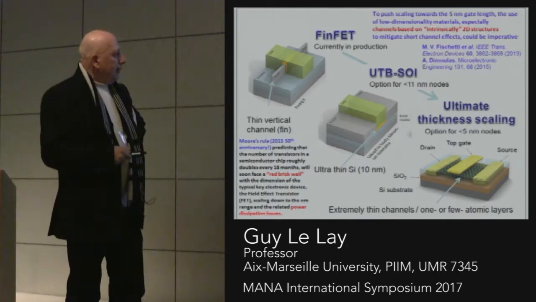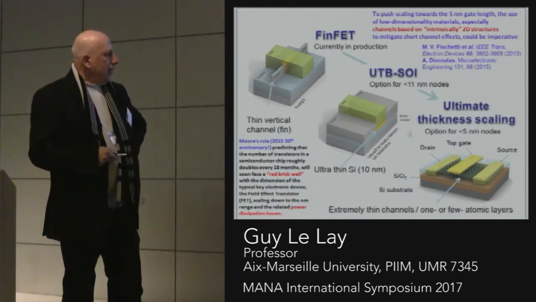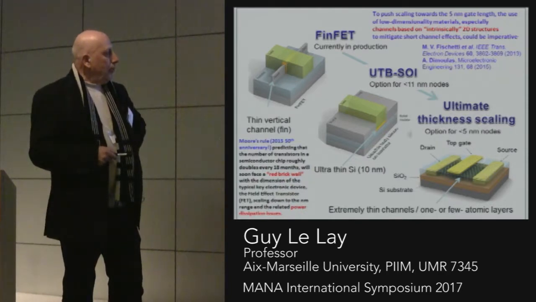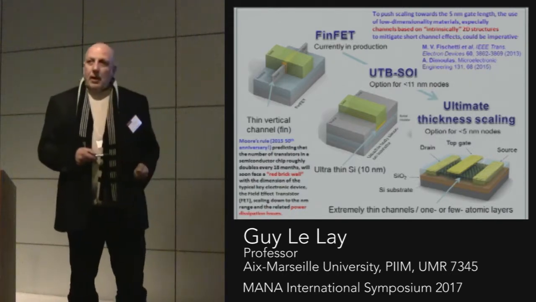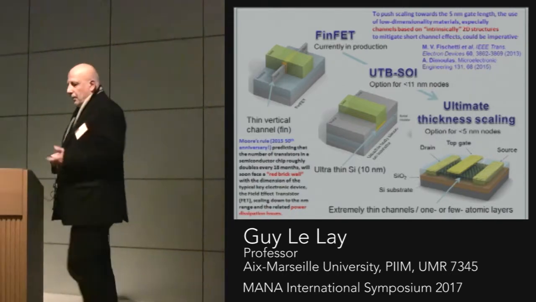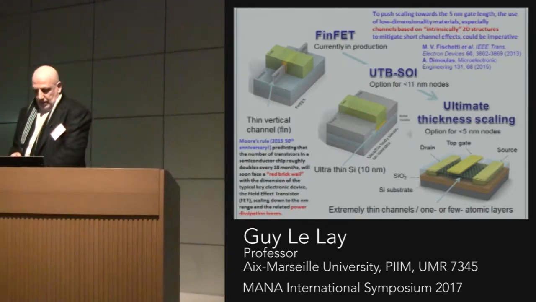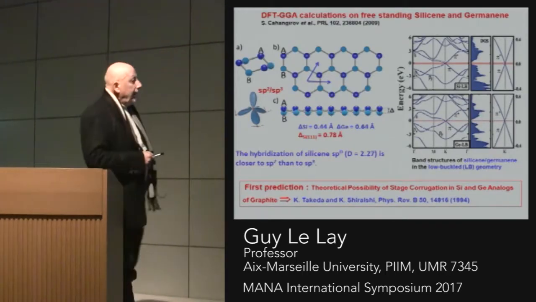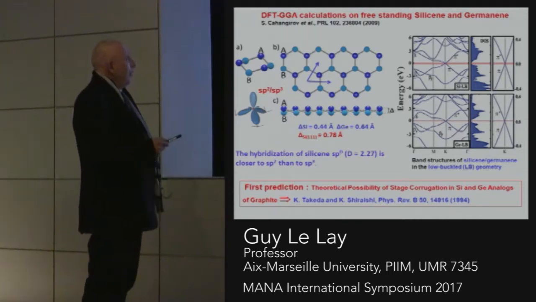And one way, as was shown this morning, to mitigate so-called short channel effects will be to have extremely thin channels in a FET, maybe to the atom limit, atomically thin or just a few atomic layers. So one candidate could be silicene, or germanene or stanene eventually.